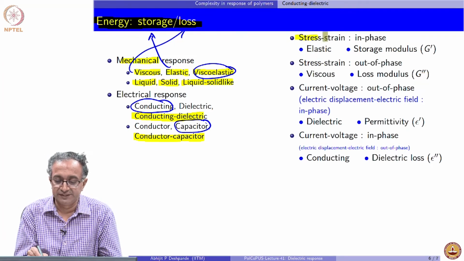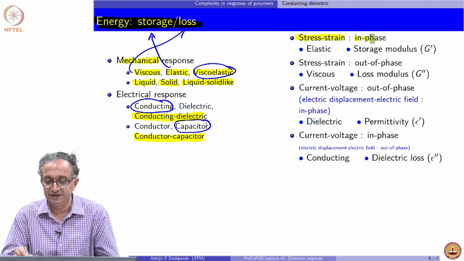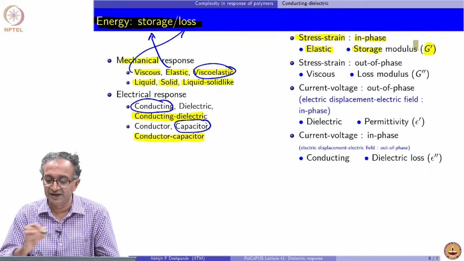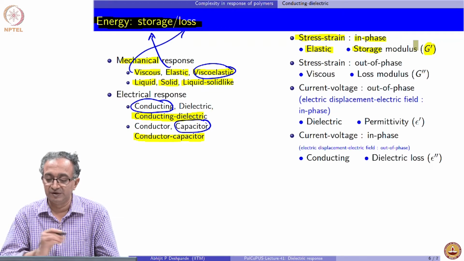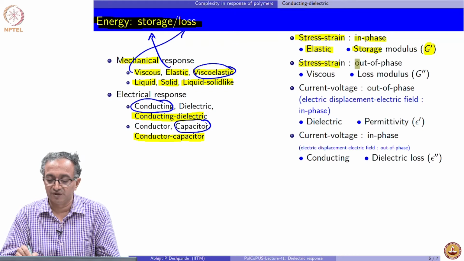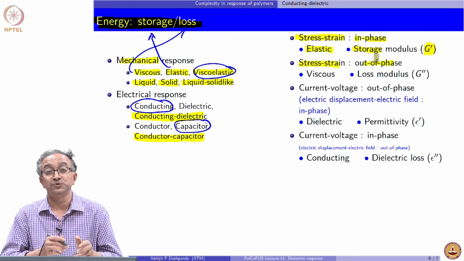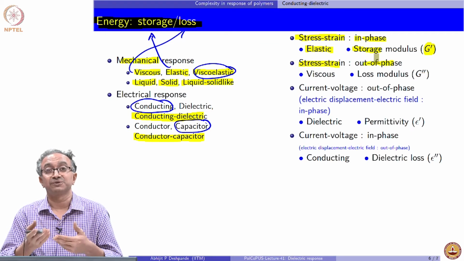And so, for example, when we apply a sinusoidal strain, if stress and strain are in phase, then it is elastic or energy storage phenomenon, and the modulus that we will define for such an input condition will be called storage modulus. Similarly, if stress and strain are out of phase, because for a Newtonian fluid, stress is proportional to strain rate, and strain and strain rate are of course out of phase with each other.